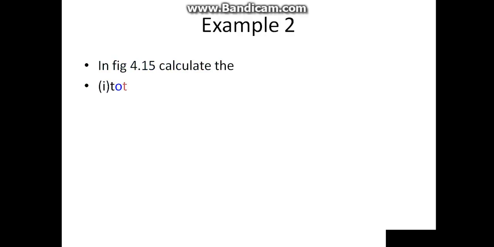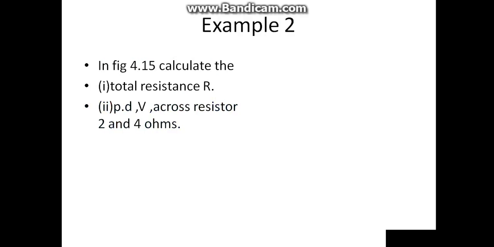Example 2. In figure 4.15, calculate I, the total resistance capital R, II, the potential difference capital V across the 2 ohm and 4 ohm resistors, III, the current in each resistor. Solution.